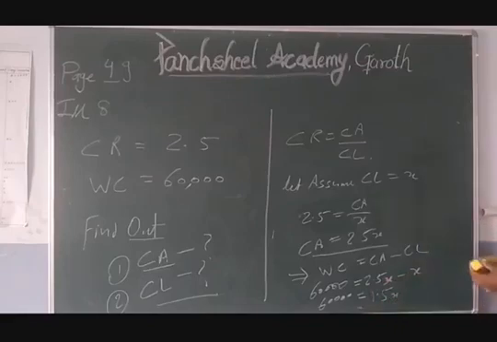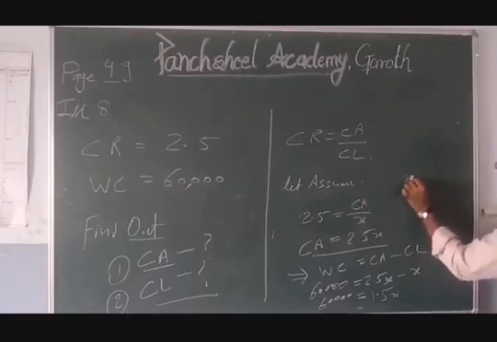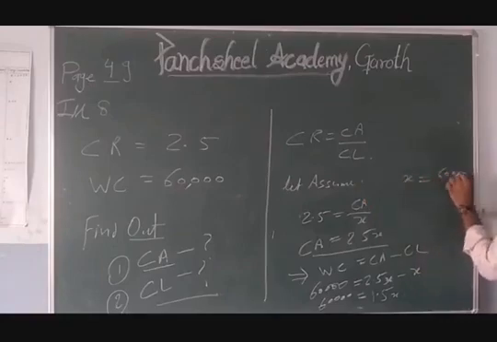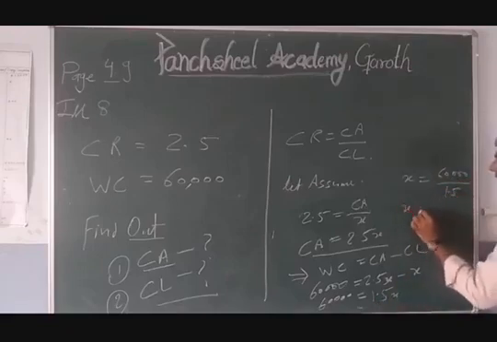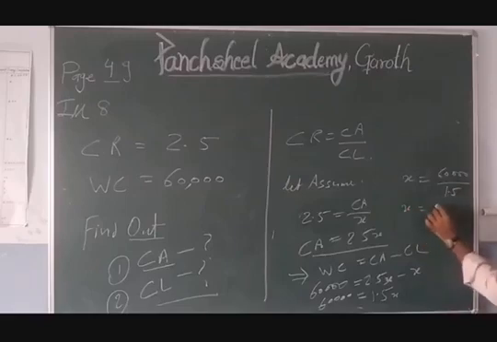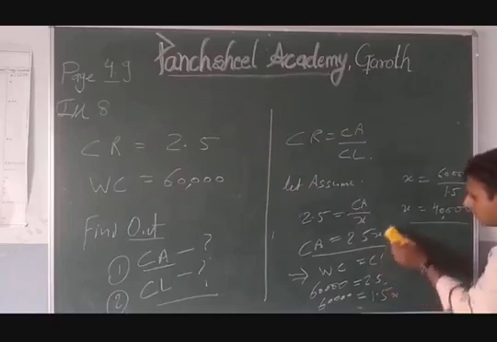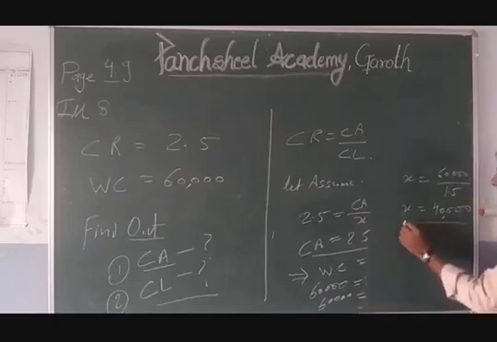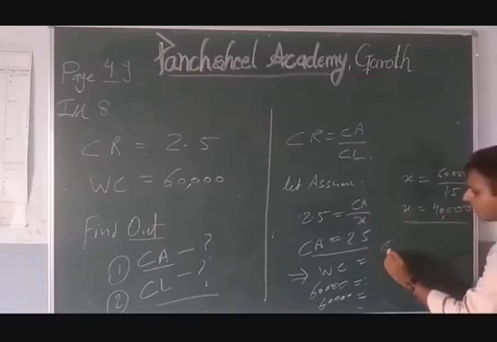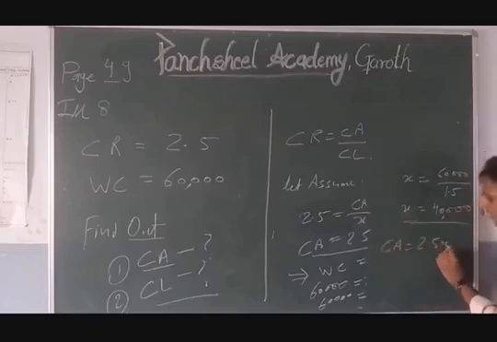Okay, I am solving it here. So now x is equal to 60,000 divided by 1.5. If you solve it, X will come 40,000. So now, X means current liability 40,000, current asset is equal to 2.5x, that means 2.5 multiplied by 40,000.